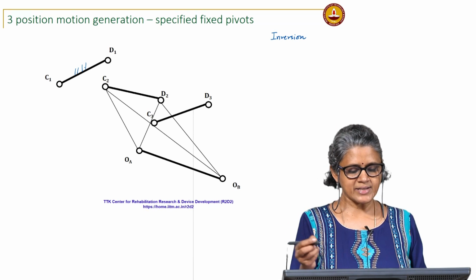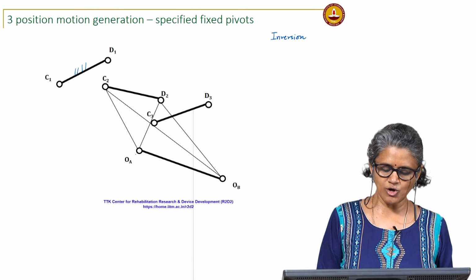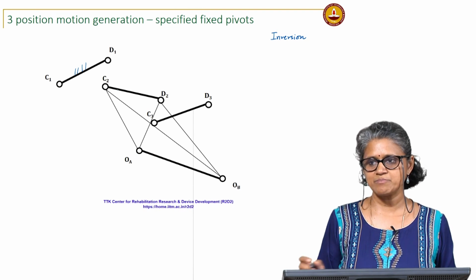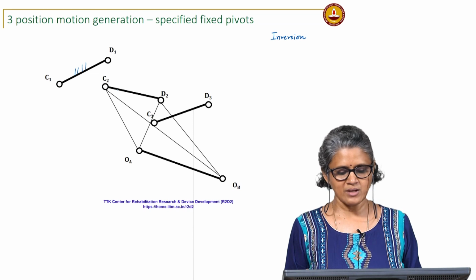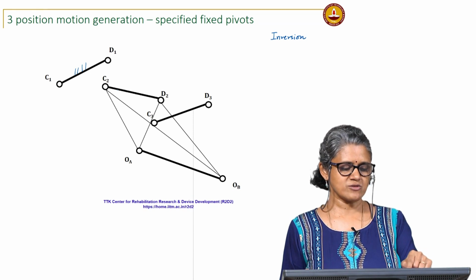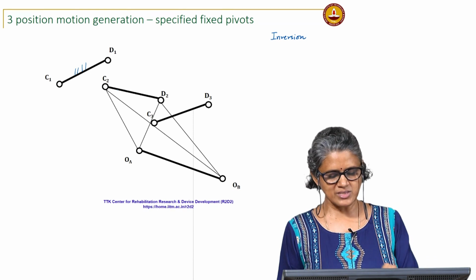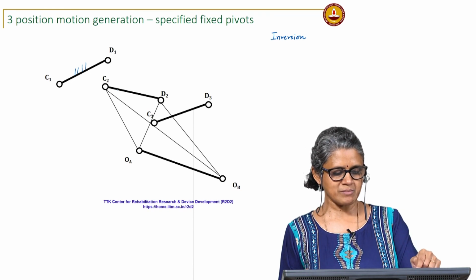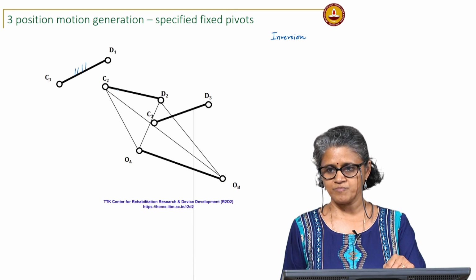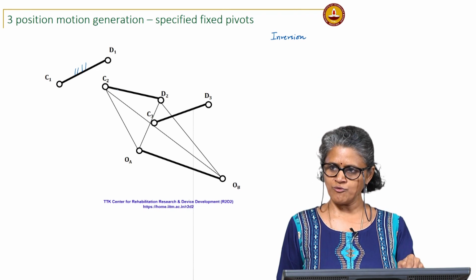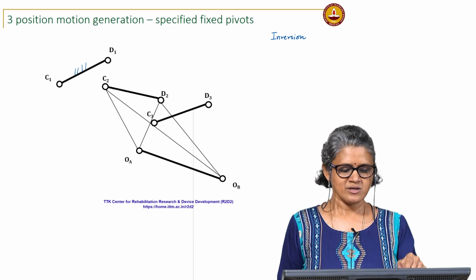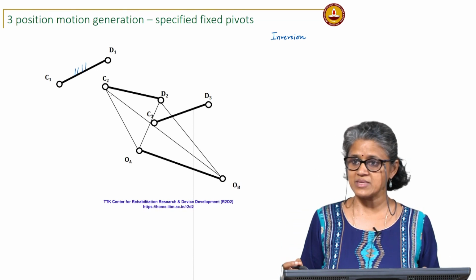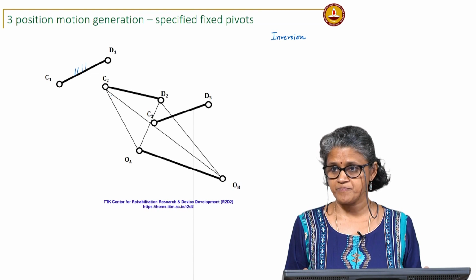Now, if I look at the location of OA OB with respect to the second position. With respect to the first position, this was C1 D1, this is OA OB. Instead of my moving from C1 D1 to C2 D2, how do I move OA OB so that it maintains the same relationship in the second position?